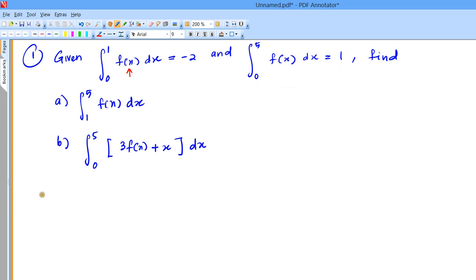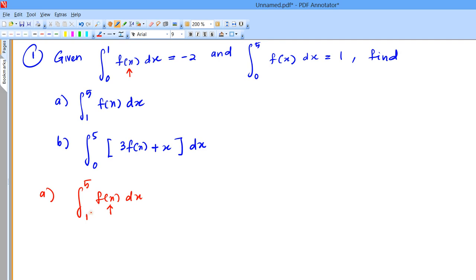So to solve this, okay, integral of f(x) dx from 1 to 5. Okay, if we have a function name, so the solution is actually based on the given information. You need to use the value from the given information. But if we have a variable, we need to integrate. So here we don't need to integrate, but we can use the value based on the given information. But we need to check the limit first.